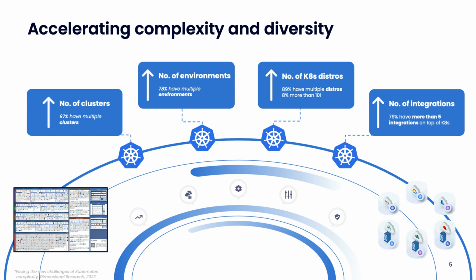And being able to support these clusters, not just in one environment, but across all environments, from public clouds, private clouds, data centers, etc. And finally, to be able to take advantage of the 1,800 plus different integrations available in the cloud native ecosystem.